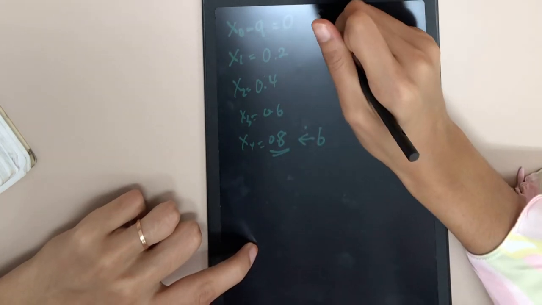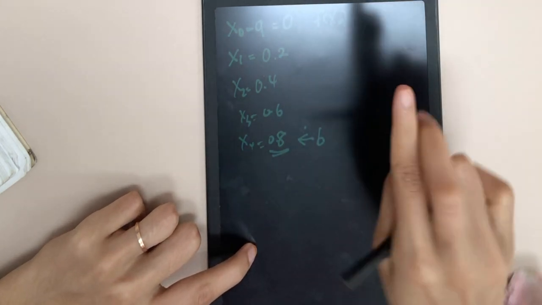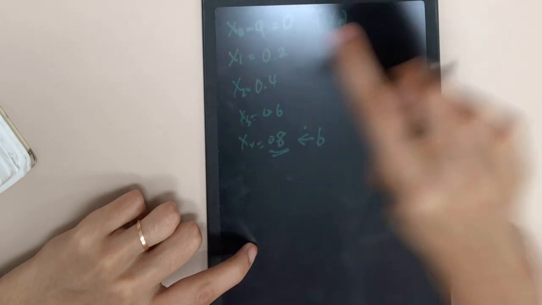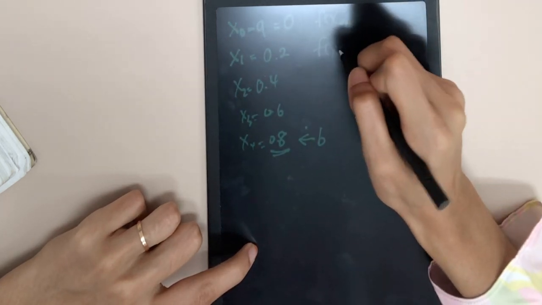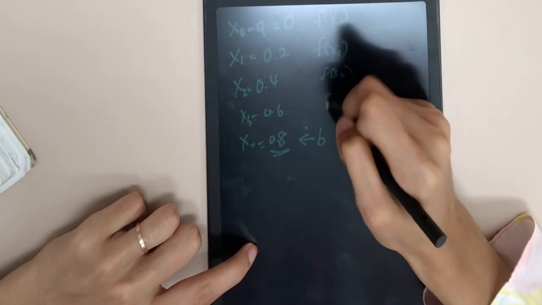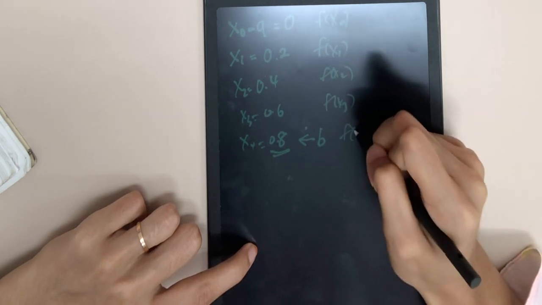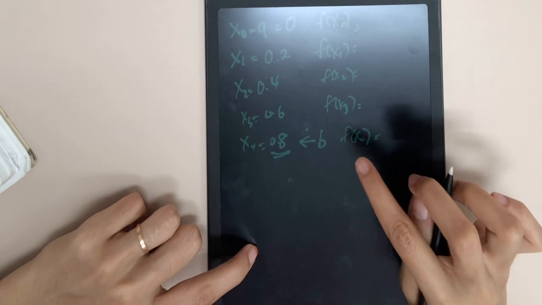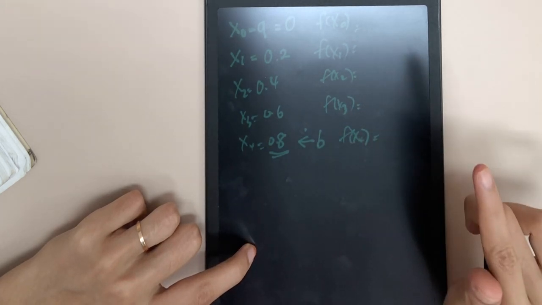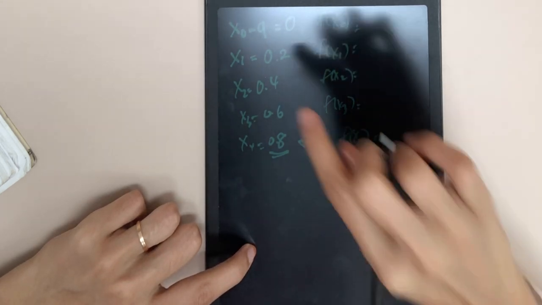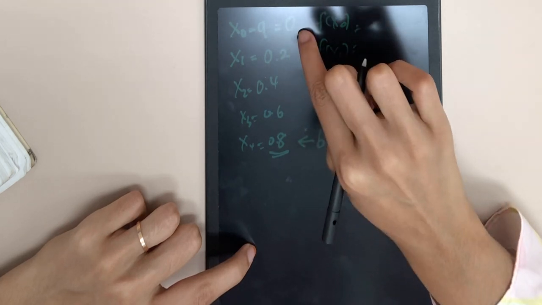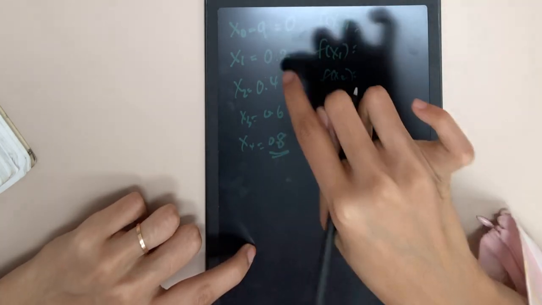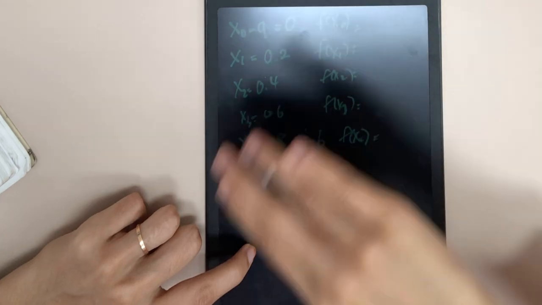So you already have your x. Now you want to find your f(x) for each: f(x0), f(x1), f(x2), f(x3), and also f(x4). So how to get all these values? Refer back to your question. They have a function given, right? So what we do is just substitute all these values, 0 inside that function, 0.2 inside that function, and so on.